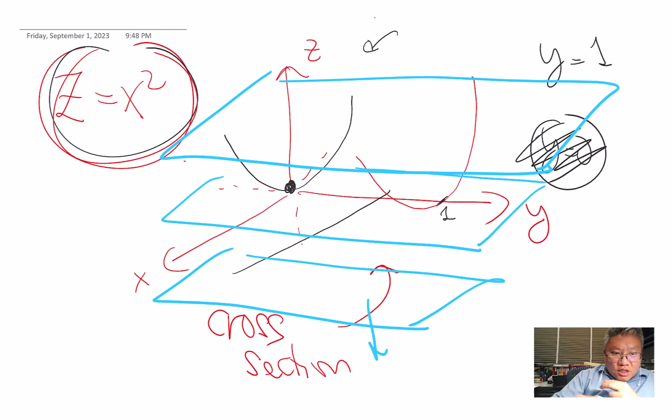So if your cross section is, let's say, z equals -1, you didn't touch the surface at all. But when you do touch the surface, you will be tracing out this line, which is part of this curve. So you have another one right there as well. You'll be seeing horizontal lines like that.